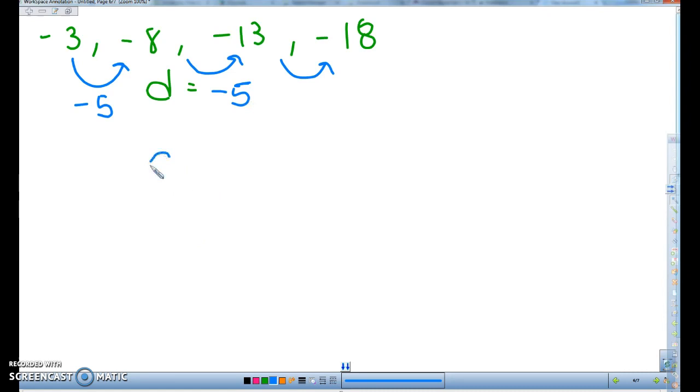Now, our equation hasn't changed. Okay. Let's go ahead and we're just going to find that nth term, but let's plug in what we know.